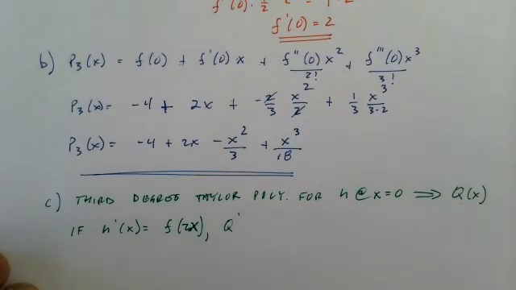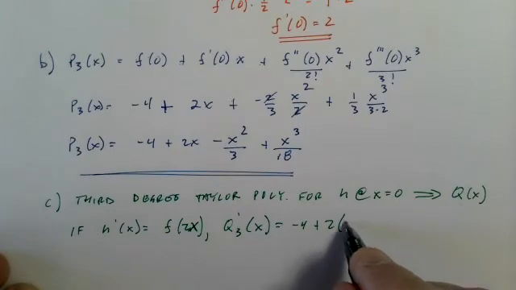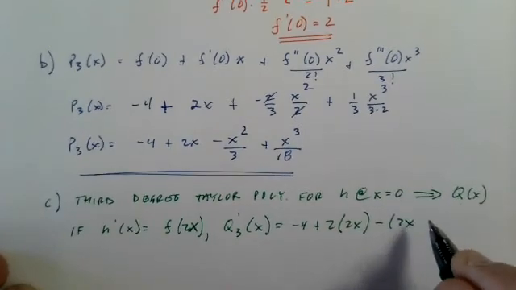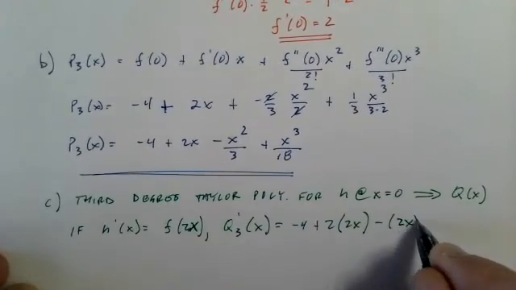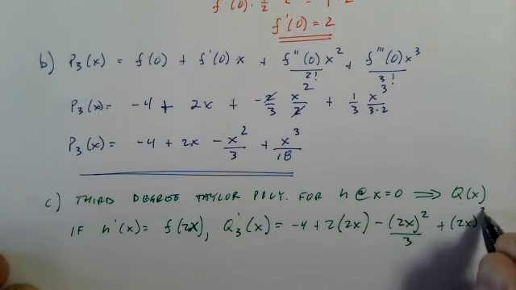Q prime 3 of x equals, so that's the derivative. Now we plug in 2x for everything: -4 plus 2 times 2x minus 2x squared over 3 plus 2x to the third over 18.